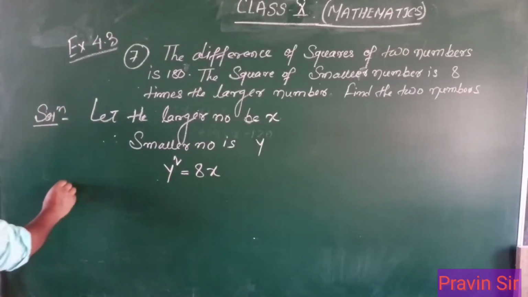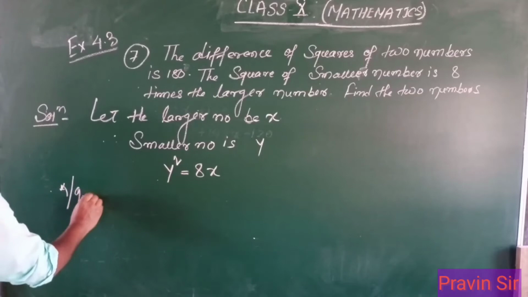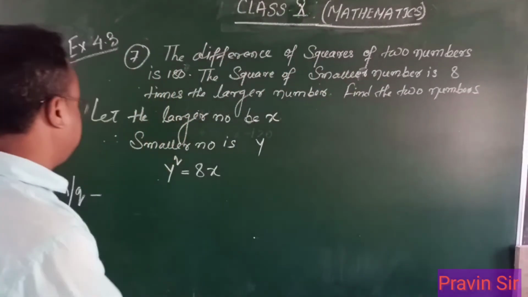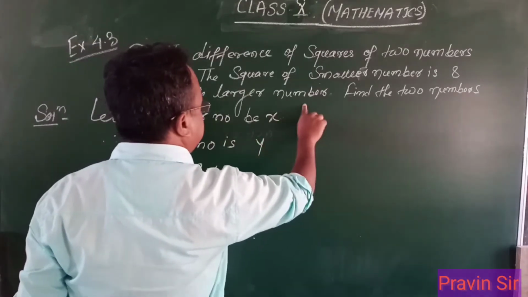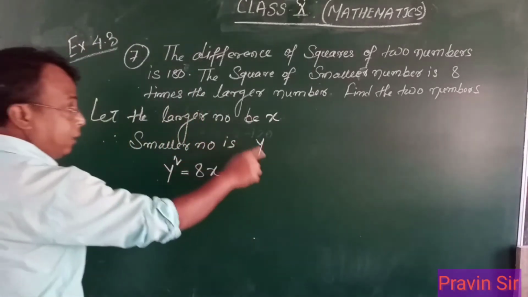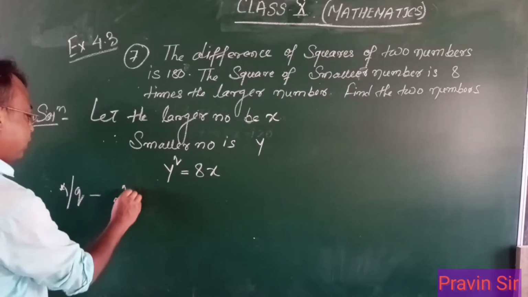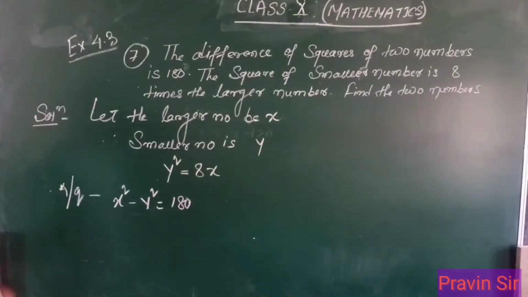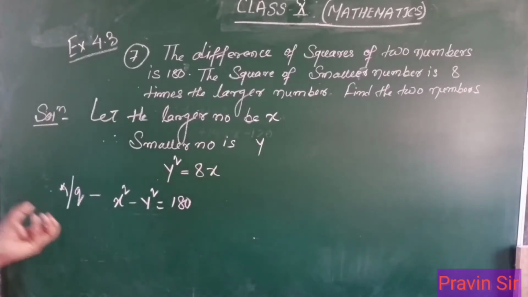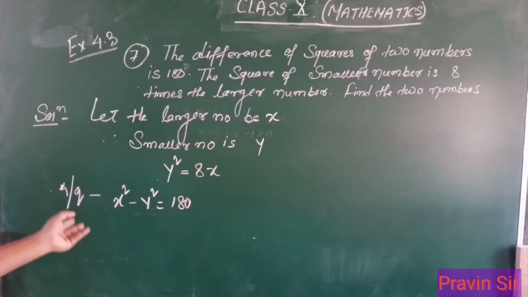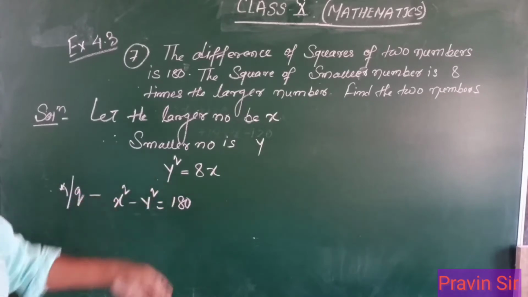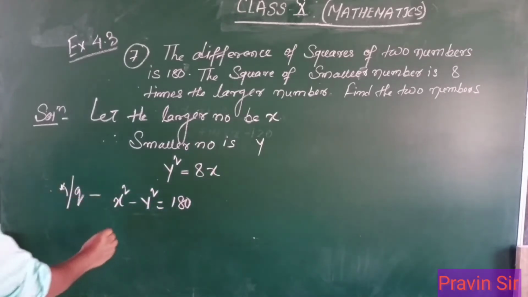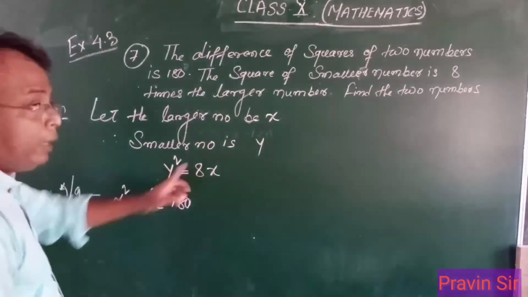Now come to the question. What does the question say? According to the question, the difference of squares of two numbers, that two numbers we have supposed x and y, so x square minus y square is equal to 180. Now, y square is equal to 8x, we already supposed.